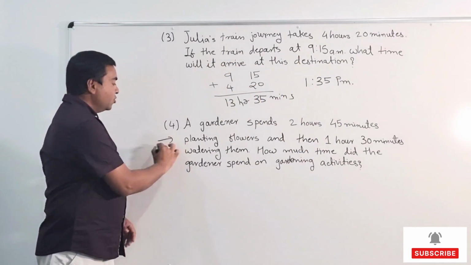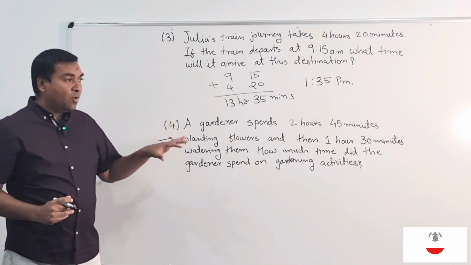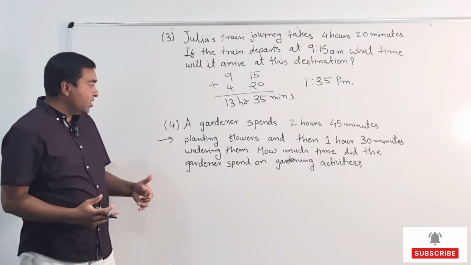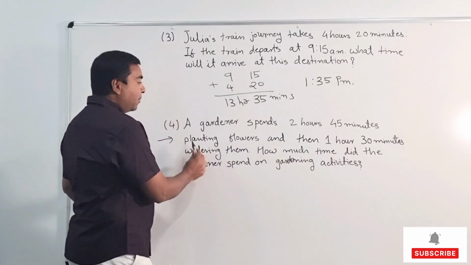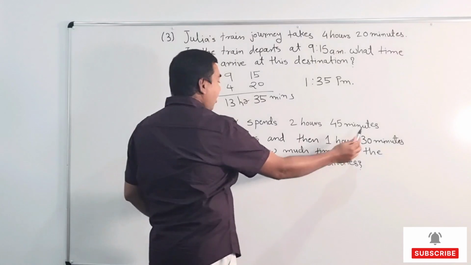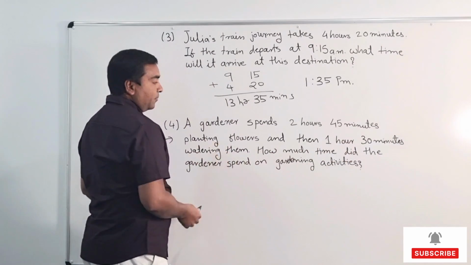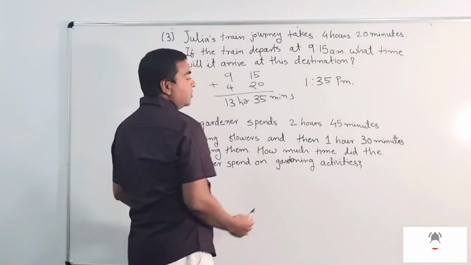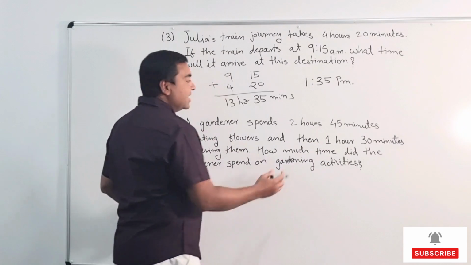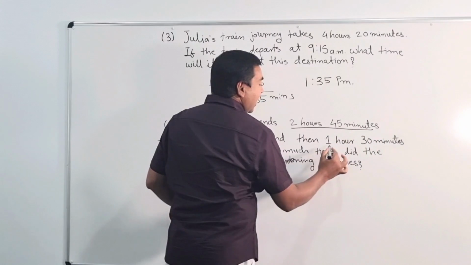Now question number 4, which is also a very simple question. A gardener spends 2 hours 45 minutes planting flowers and then 1 hour 30 minutes watering them. How much time did the gardener spend on gardening activities altogether? So basically I have to add this time and this time.